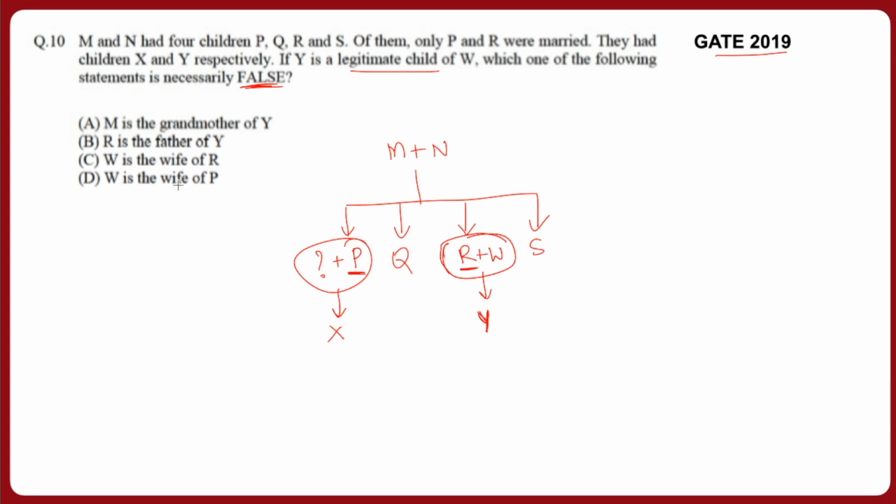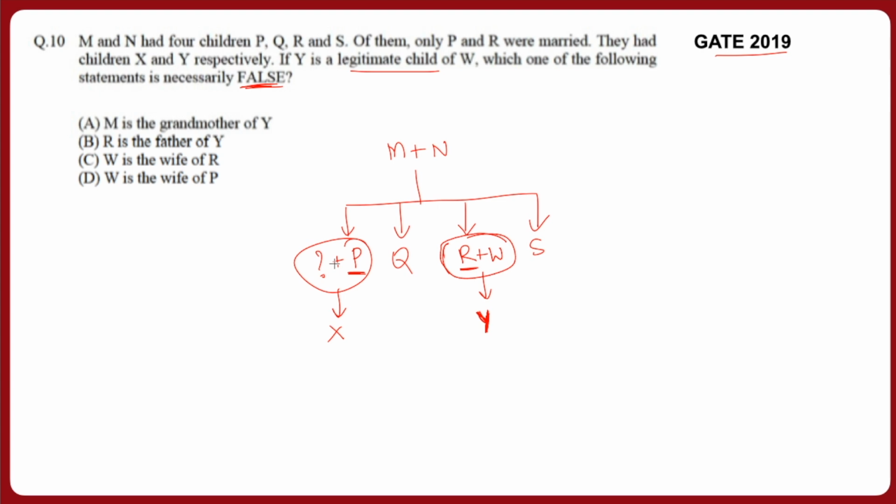Next is that W is the wife of P. This is not going to happen. Why? Because W is related to R, then only both of them have a legitimate child as Y. So W cannot be related to P in any case.